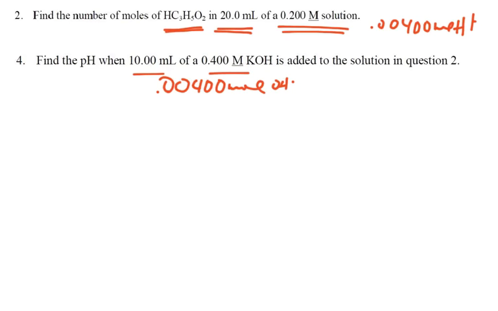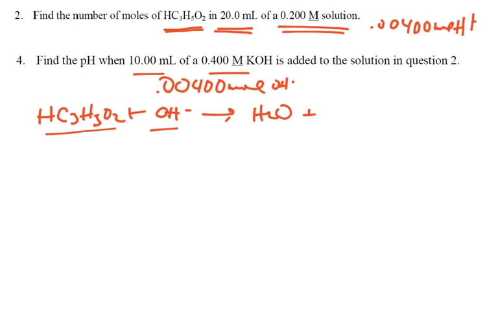So that means if I mix these two together, if I go back to my original equation, if I have my acid and I mix in the same amount of base, then all of this is going to be gone. All I'm going to have is a solution that contains water and the conjugate base of this weak acid, C3H5O2 minus.